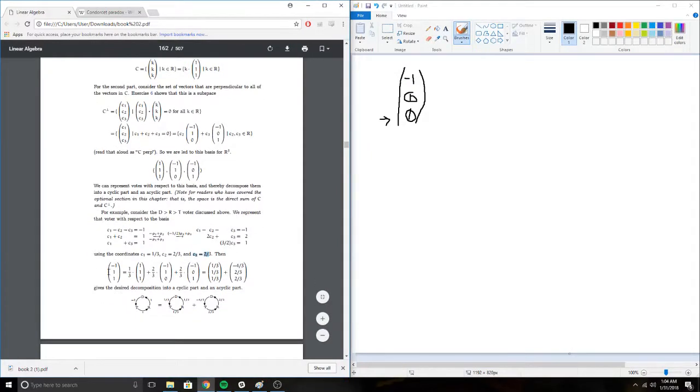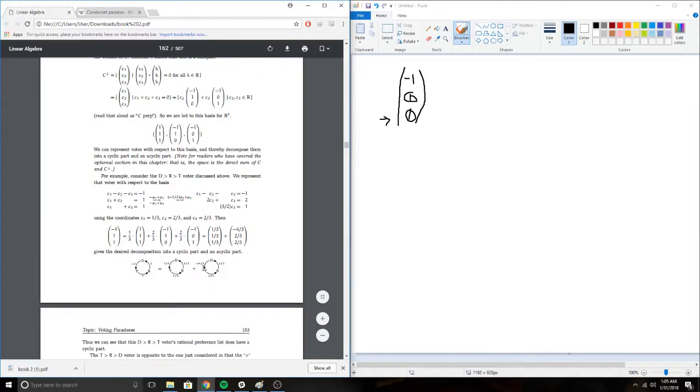After finding this out, we can create a new equality where the negative 1, 1, 1 vector equals 1/3 times this first section of the basis plus 2/3 times the second section of the basis plus 2/3 times the third section of the basis, in total giving us a 1/3, 1/3, 1/3 vector plus a negative 4/3, 2/3, 2/3 vector.